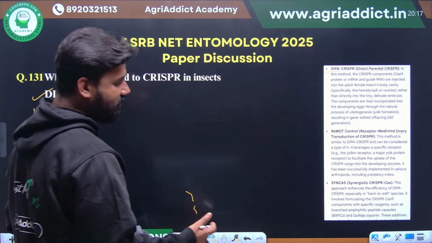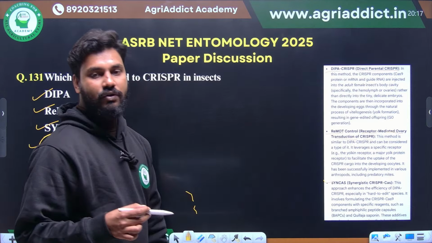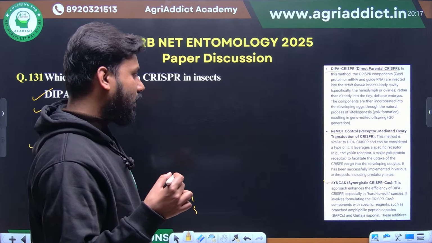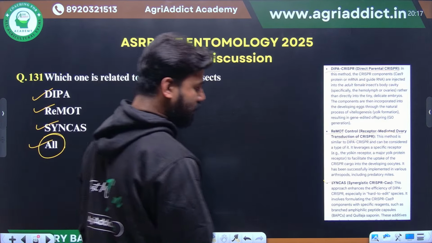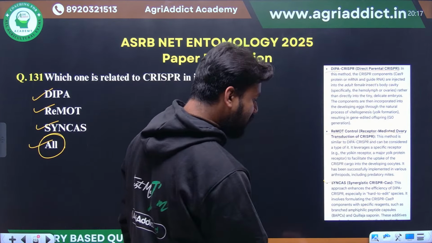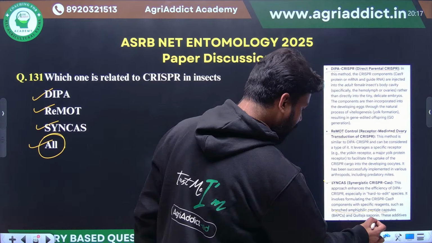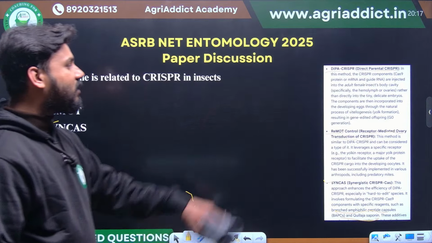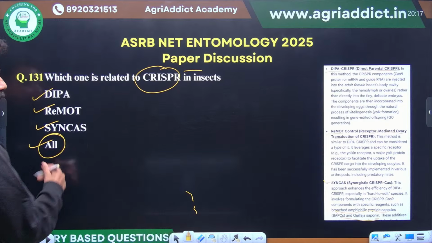And another one is SYNCAS. It is a combination mainly used to enhance the efficiency of molecules. It's a combination of saponins, that is branched amphiphilic peptide, and Quillaja saponin. So these all three are used in CRISPR related to insect. So the correct answer will be all.